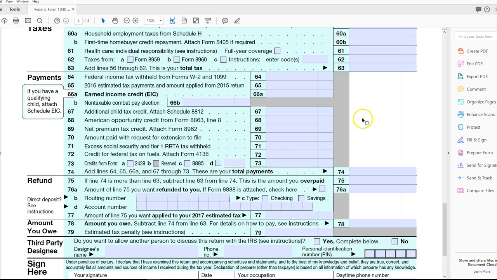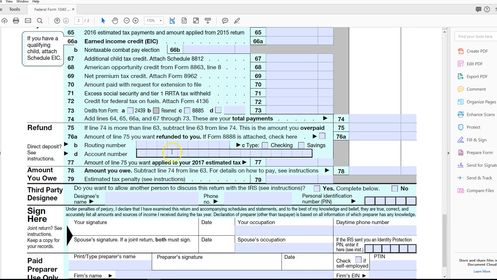These are some really specialized things that we probably won't get into in this class, but these are available and they're on the form. So when we take the total tax, line 63, and subtract the total payments, if the payments are in excess of the tax, then we would get a refund. If the payments are less than the tax, then we'd have an amount due. And the IRS allows you to just pay directly from your bank account or receive the refund directly to your bank account.